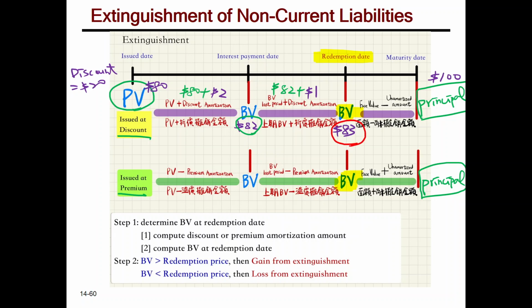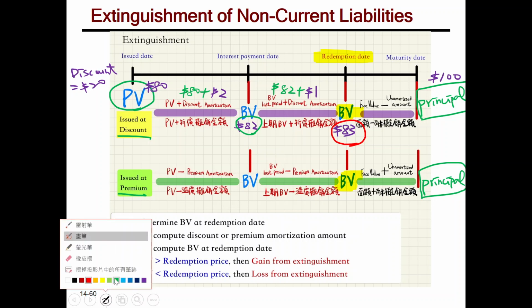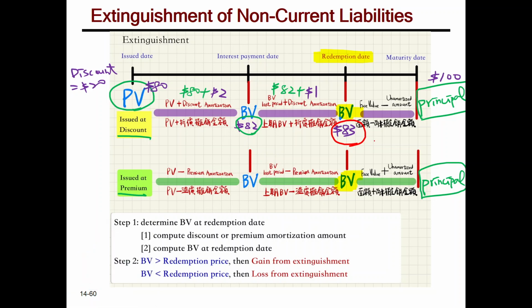So how to get 83? You could start from 80 to get 83, or you could from 100, still you will get 83, right? How? 100 minus 17, right? So still from principal you can get 83, it is 100 minus 17. So what is 100? Your principal face value.